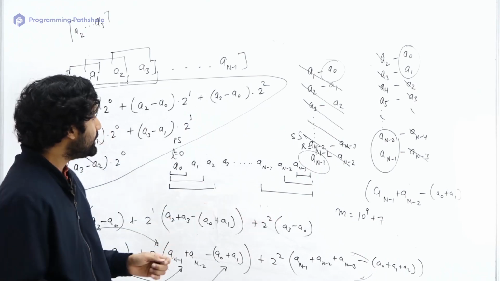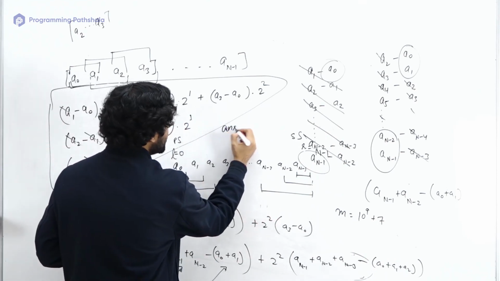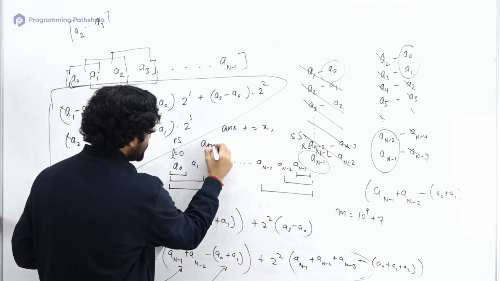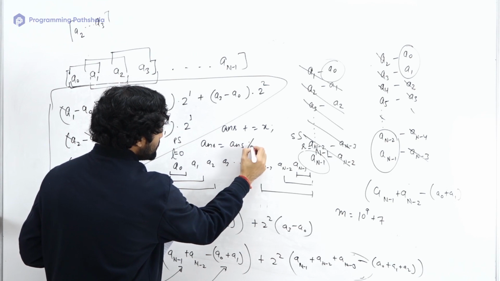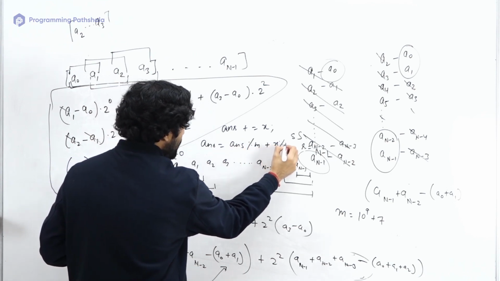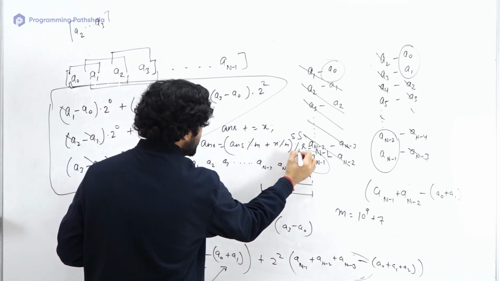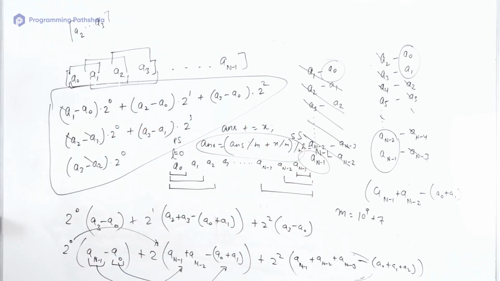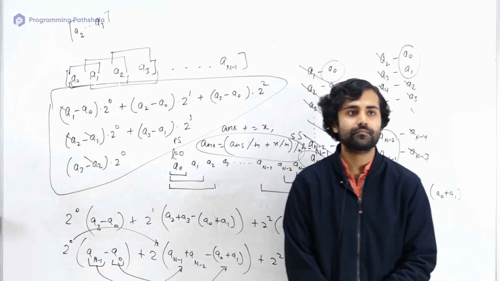So if you are doing answer plus equals x, then this is not sufficient. You should do answer equals answer mod m plus x mod m, and whole mod m. This is the rule of modular arithmetic, right? So now you have the concept.